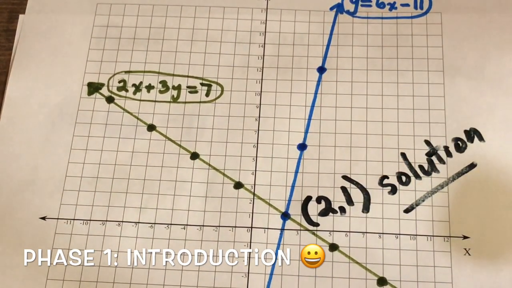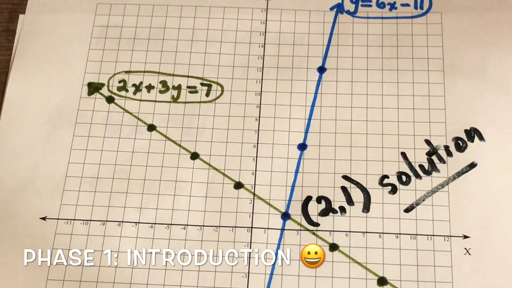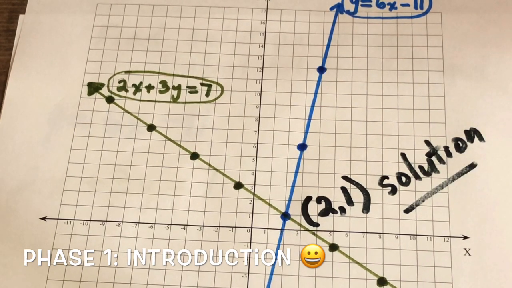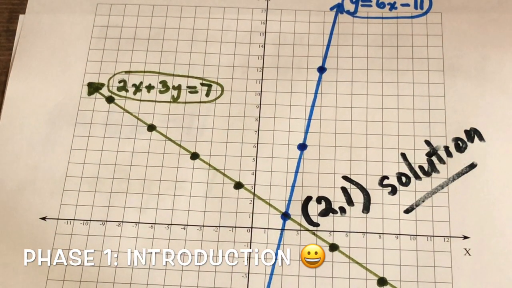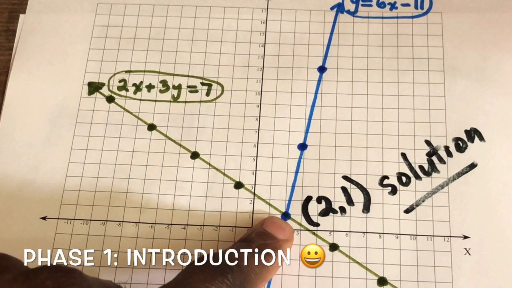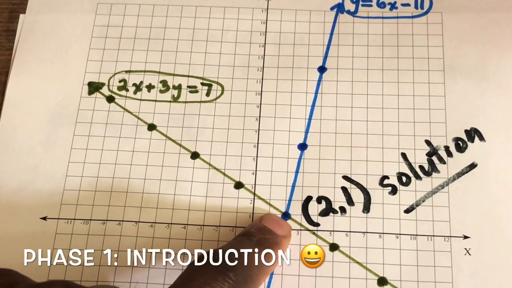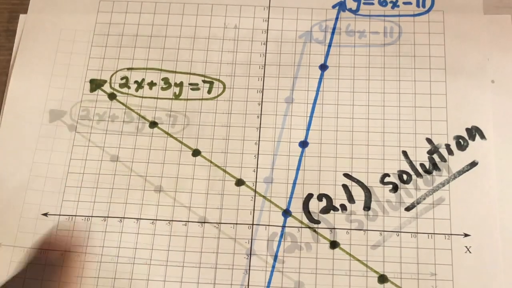That's what we're looking for. When we're doing systems of equations, which means we have several graphs on the same coordinate plane, we're looking to find where they intersect with each other. And here it is for these two lines, at (2, 1).